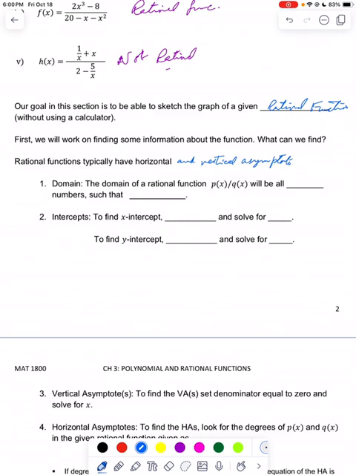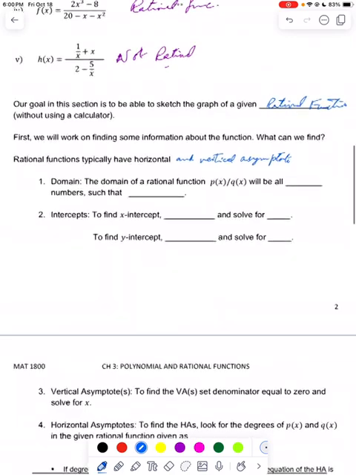So the domain of a rational function, remember, is because the rational function looks like p of x over q of x. So the domain of the rational function will be all real numbers such that, what is the condition?